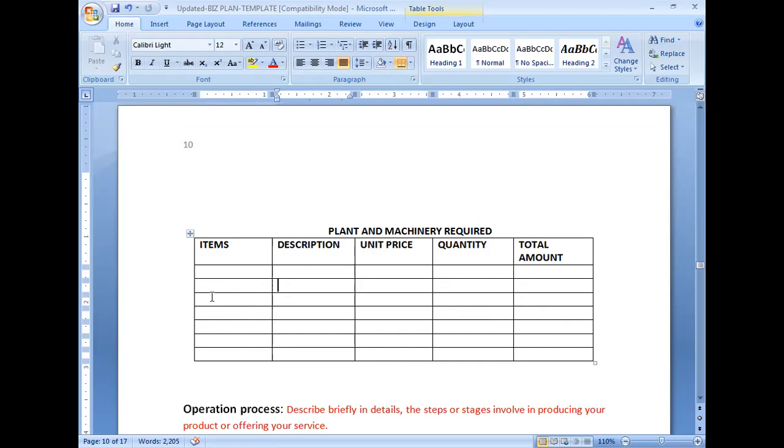Then you can also include hydraulic press, fryers, etc. Also generator and co. This will help you to know the total amount that you are going to require for capital equipment or machineries. Having gotten to this stage, you already know the total amount that you need for raw material. You already know the total amount you need for capital equipment. So let's proceed so that we can also identify other cost factors.